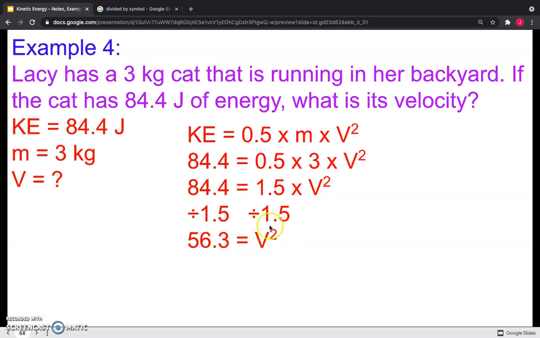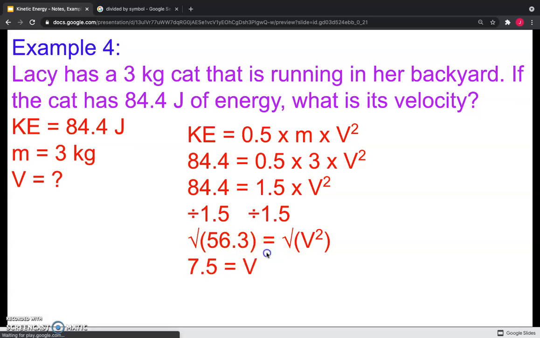Now, to get velocity by itself, we're going to need to take the square root of both sides. So we're going to do the square root of 56.3. And that's going to equal 7.5. So that's our velocity. And then remember that velocity is measured in meters per second. So 7.5 meters per second equals the velocity.